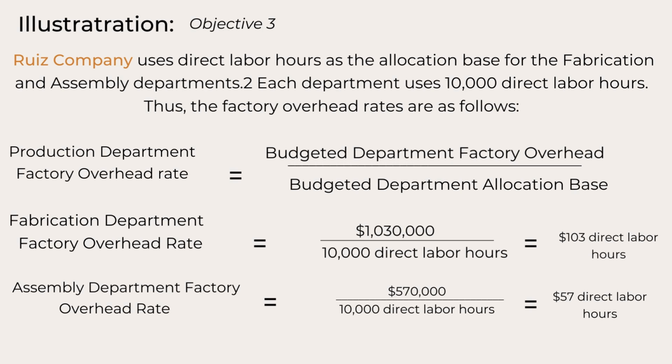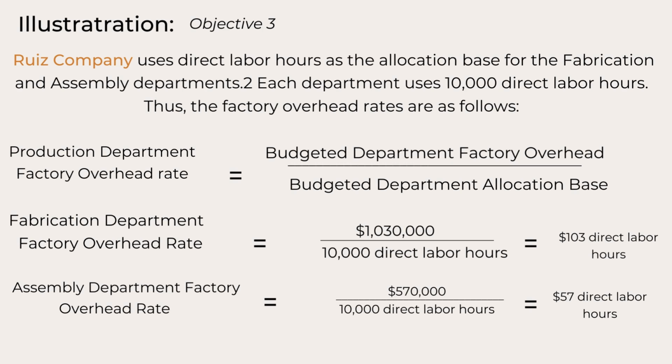Given the formula again, the fabrication department factory overhead rate equals the budgeted department factory overhead of $1,030,000 over the budgeted department allocation base, which is 10,000 direct labor hours.